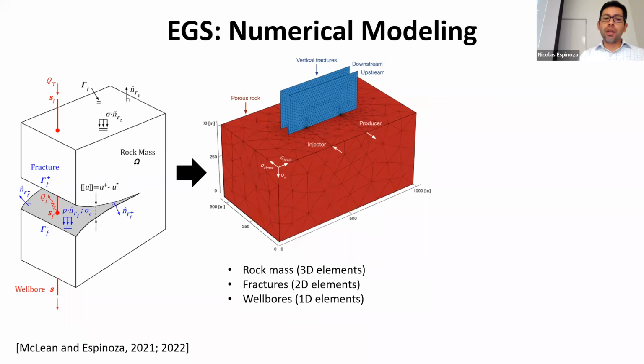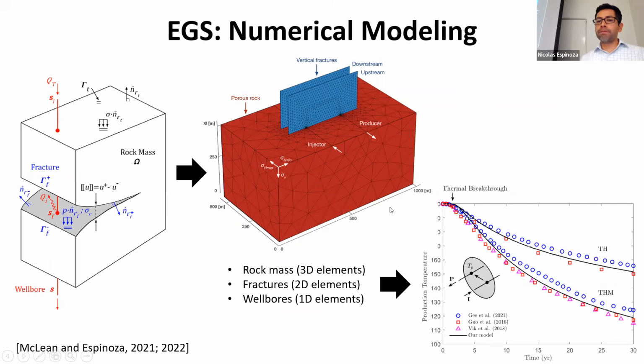So believe me, this is not easy. My grad student, Matt McLean, has been working very hard on this. But we have come up with very nice results that predict this flow channeling that we were referring to before, and are comparable also with previous simulation results.